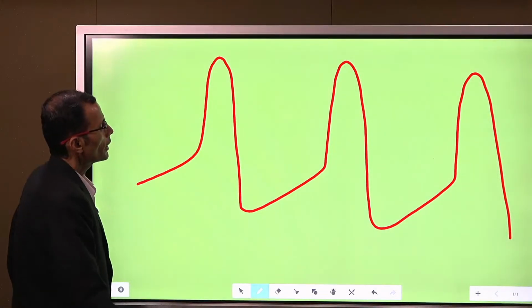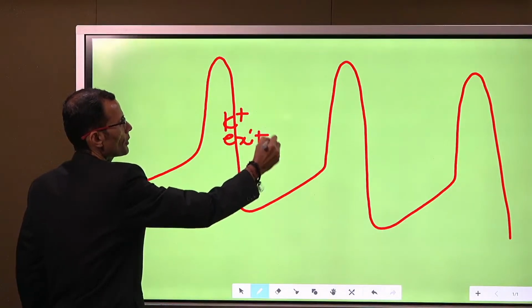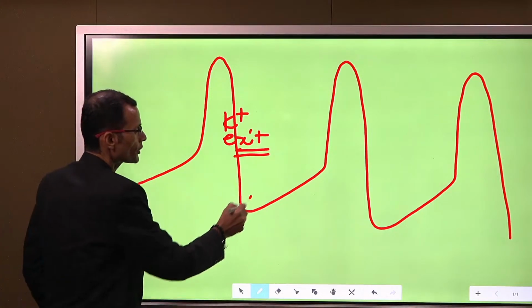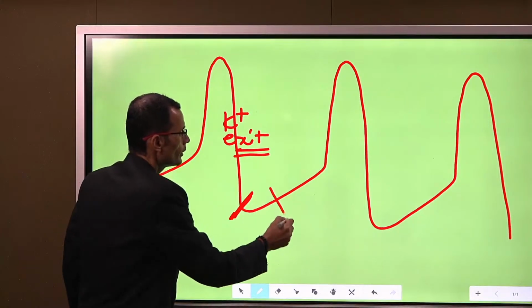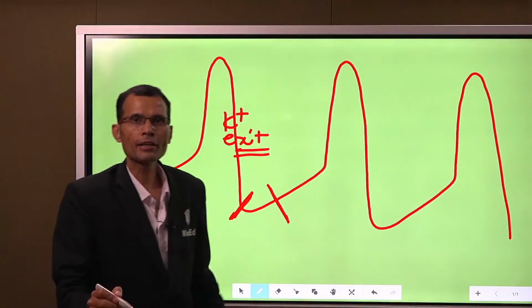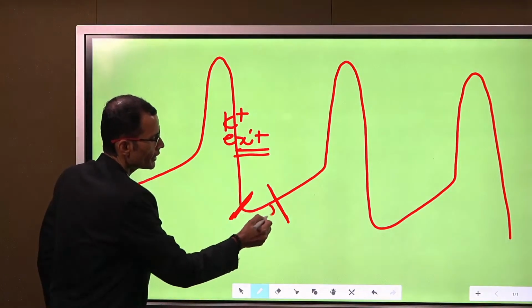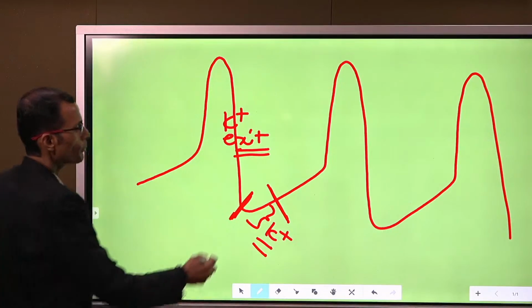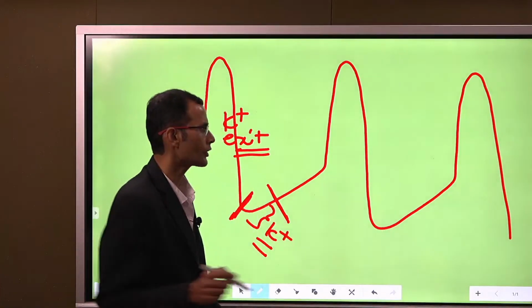Now, this is repolarization, which is because of the potassium exit. At the end of repolarization, potassium exit stops and the next spontaneous depolarization starts in the SA node. So this is because of accumulation of potassium, the first part of the pacemaker potential. The question was on pacemaker potential.